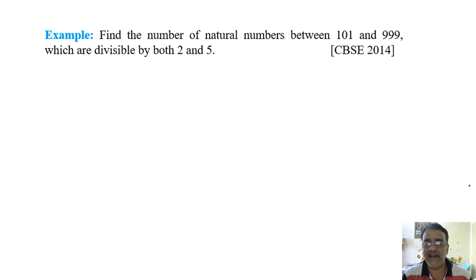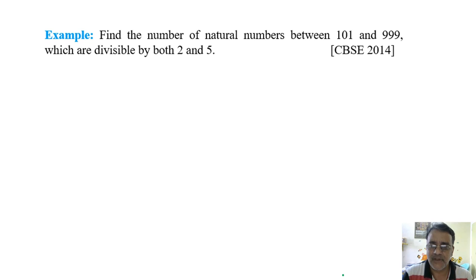Okay, now we'll move towards one more good question. Find the number of natural numbers between 101 and 999 which are divisible by both 2 and 5. Now see, the number divisible by both 2 and 5 is divisible by 10. Right? Yes, sir. The numbers which are divisible by both 2 and 5 are divisible by 10.